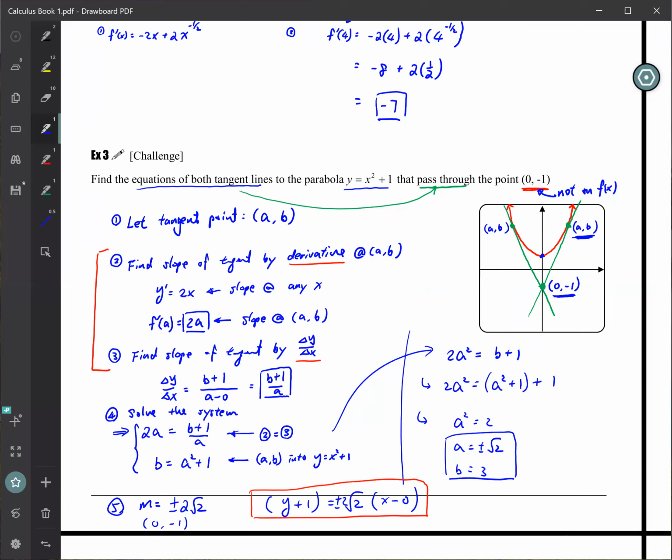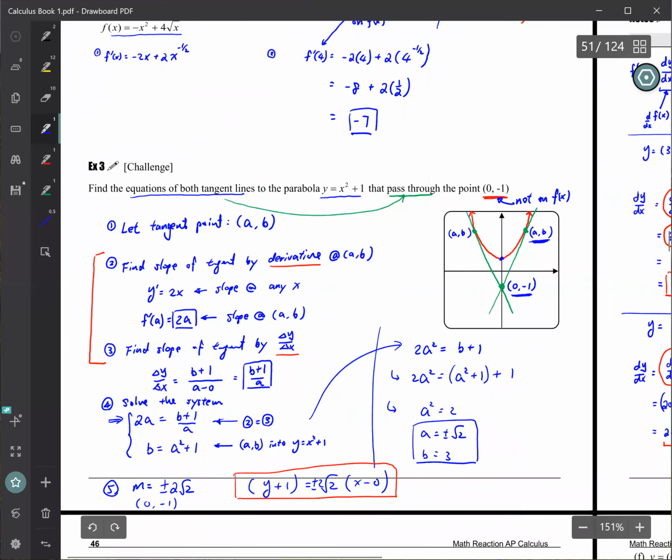Just like this question, the point is not on the ellipse. So you have to follow the 1, 2, 3, 4, 5. Get the slope of tangent using derivative, which we are going to use implicit, and then find the slope using the delta y over delta x.